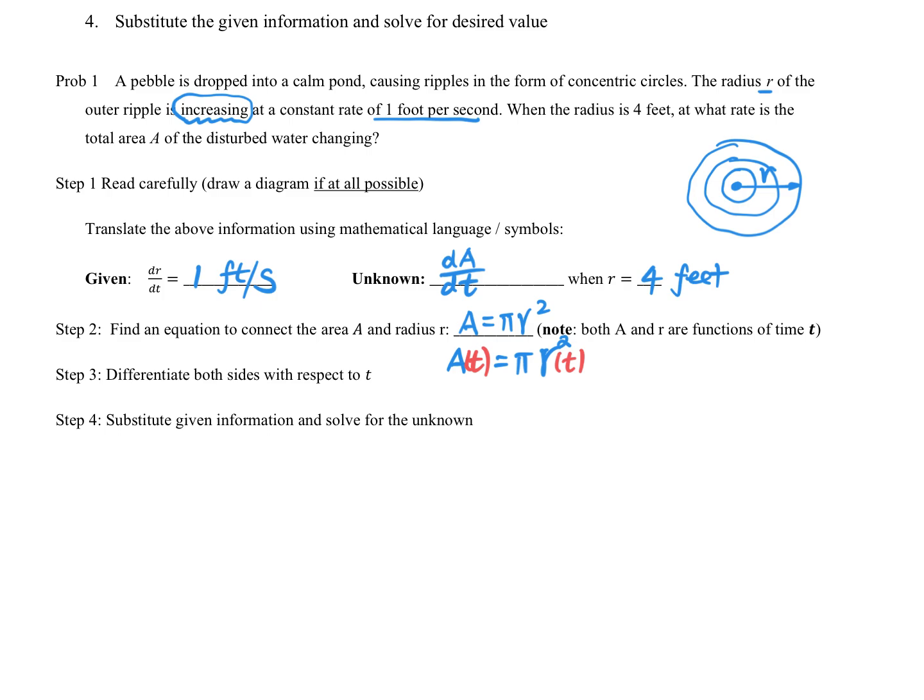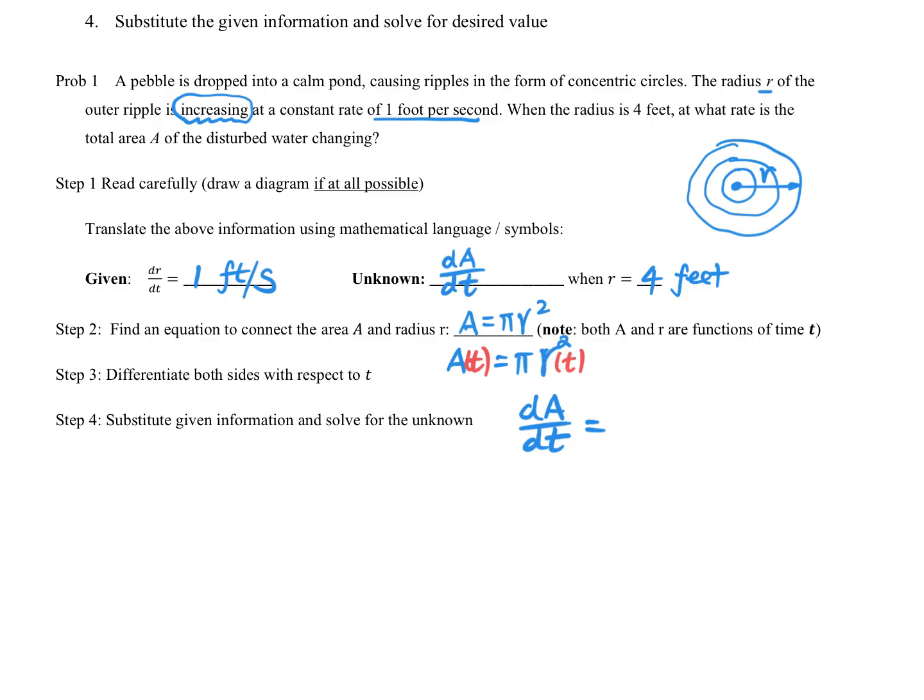So let's differentiate this with respect to time t. The left side is the derivative of area with respect to time t. And on the right-hand side, think of r as a function of t, and the outer function will be u squared, where u is actually r.